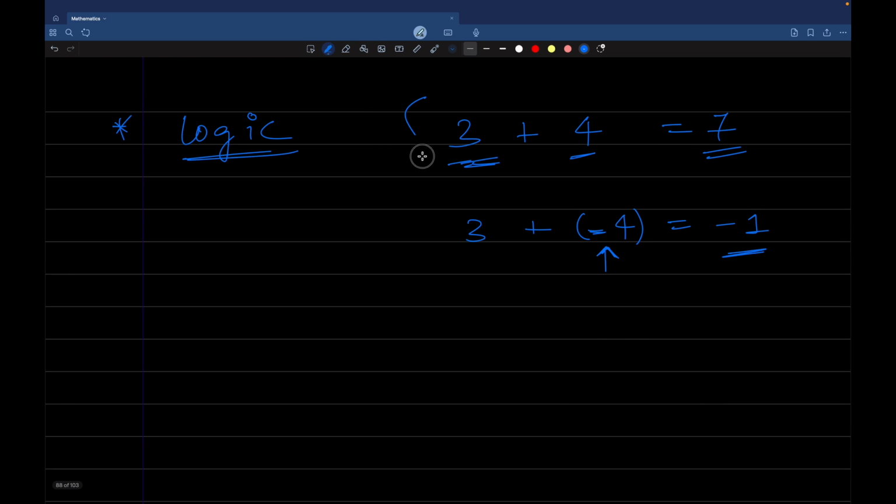Same for the difference. When we remove something, if we see here, we have 3 and 4, we are removing something from these 3, so you will get smaller than 3. The answer is minus 1, which is smaller than 3.